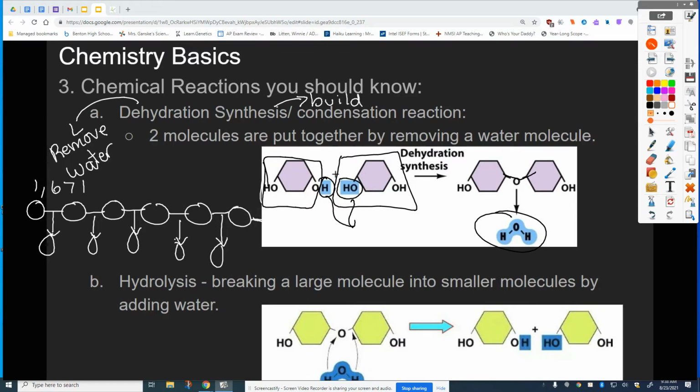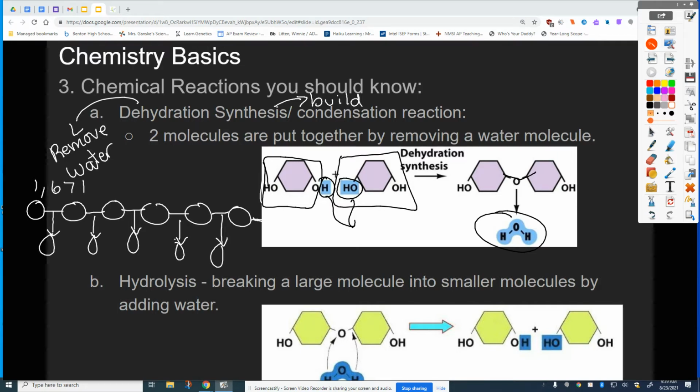But here, I'm not connecting it to anything, so I don't need to form a molecule of water. Does that make sense? I like that question. I like to give you big numbers where there's no way you're going to be able to draw all those molecules and figure it out. But if I'm asking you to connect them in a big chain through dehydration synthesis, you get 1 molecule for every bond that you form.